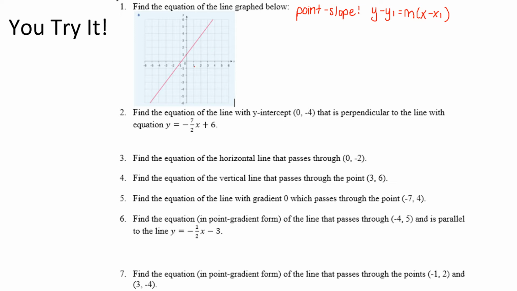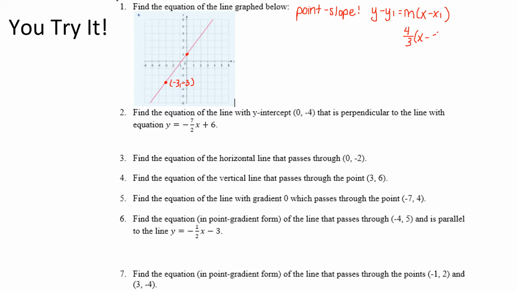When I look at this particular graph, I find 2 points, and I can see I have a rise of 4 and a run of 3. So my slope is 4/3. Then I can use one of those ordered pairs. This particular ordered pair was (-3, -3).